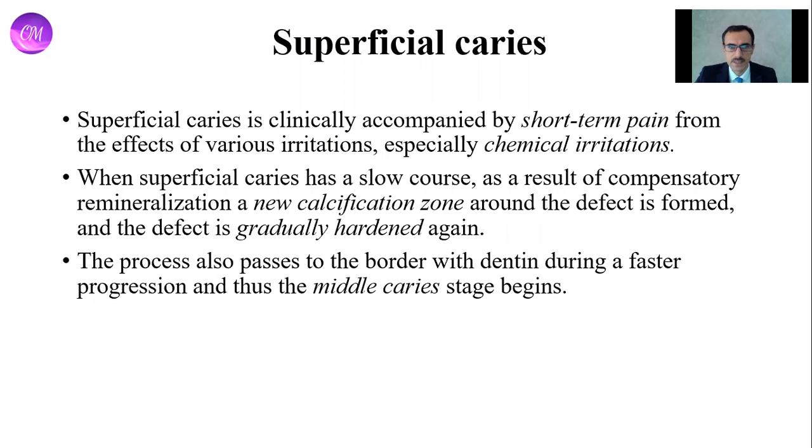When superficial caries has a slow course as a result of compensatory remineralization, a new calcification zone forms around the defect, and the defect is gradually hardened again. The process also passes to the border with dentin during a faster progression, and thus the middle caries stage begins.